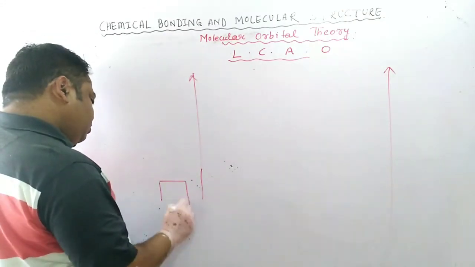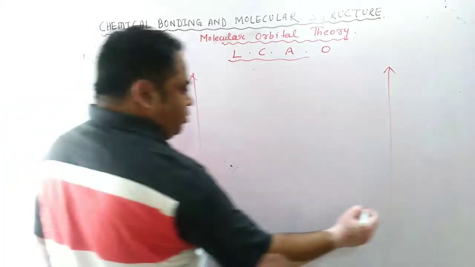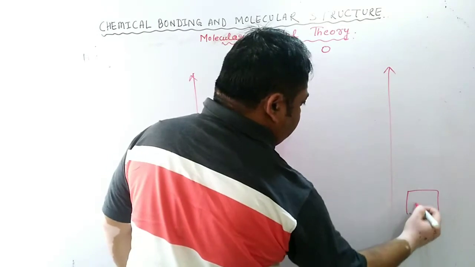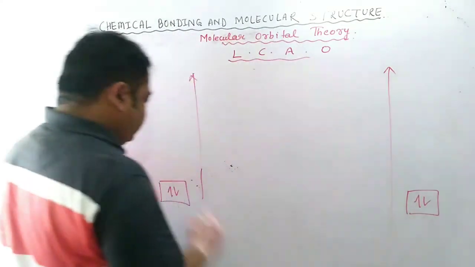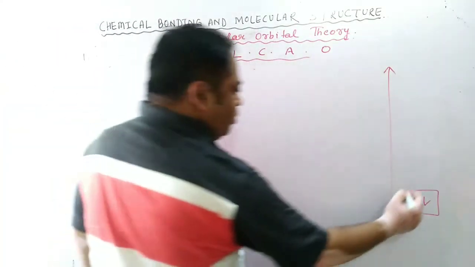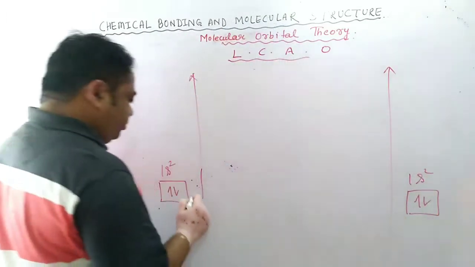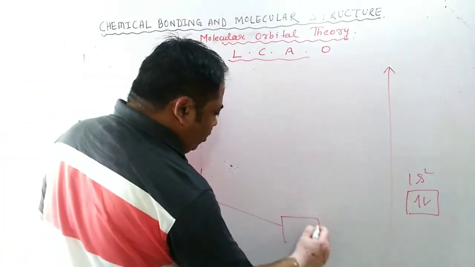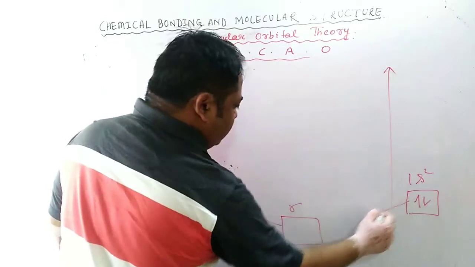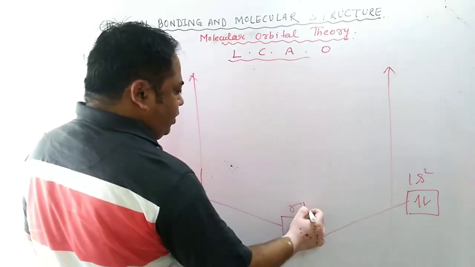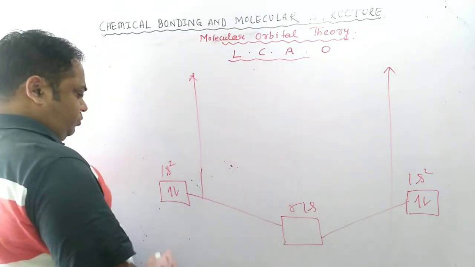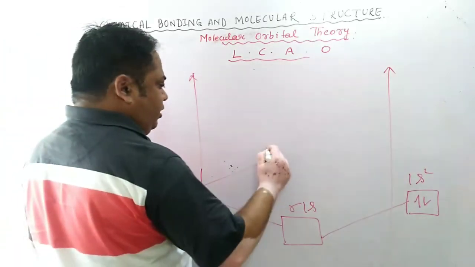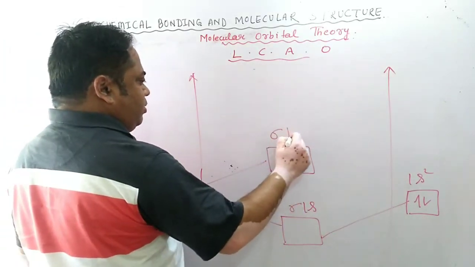It has 1s2, 1s2. So it will form sigma bonding 1s, and then sigma anti-bonding 1s.